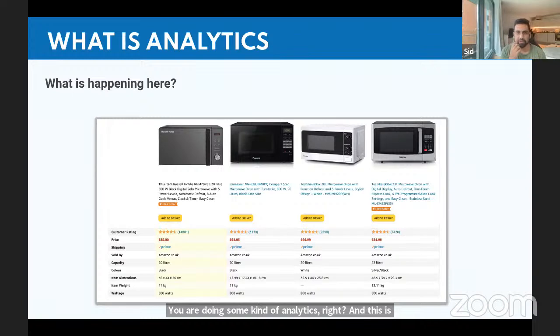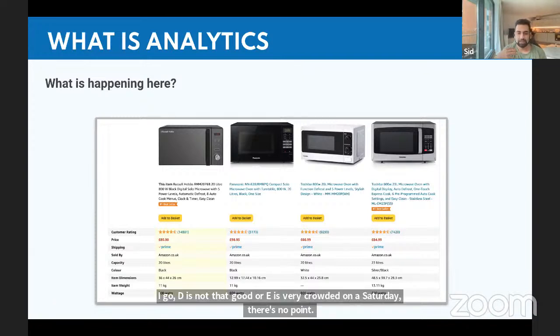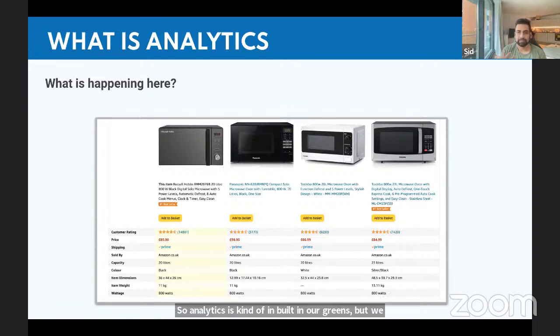Even when you're deciding what to do on a Saturday or a Sunday, or you're going out with your family and friends and trying to choose a place to go to, be it a restaurant or anything else, there is some kind of analytics going on in your mind where you have some parameters: in terms of restaurants, A, B, C are good, D is not that good, or E is very crowded on a Saturday, so there's no point going. So analytics is kind of inbuilt in our brains, but we don't consciously always realize it. What that also means is that everybody is doing it day to day, and everybody has the skill set. We just need to apply it in the right place in the right manner.